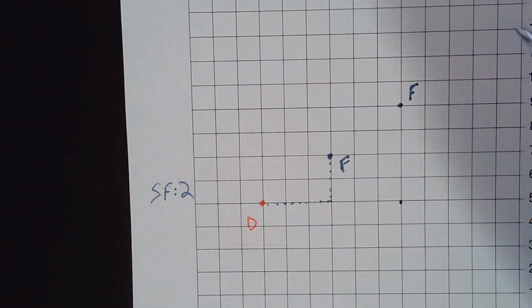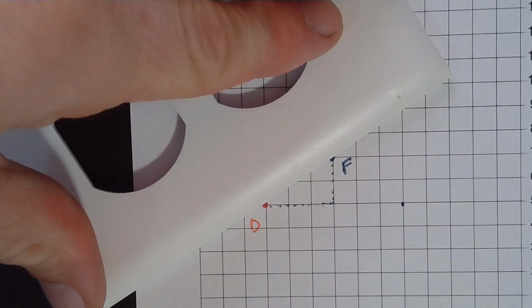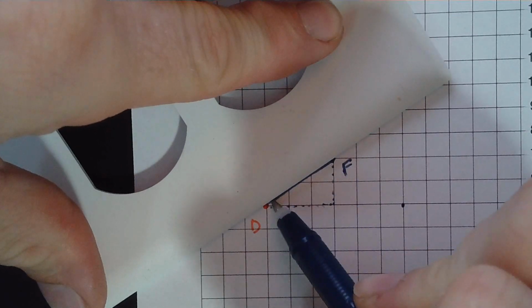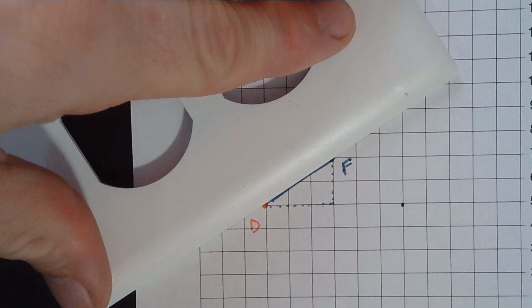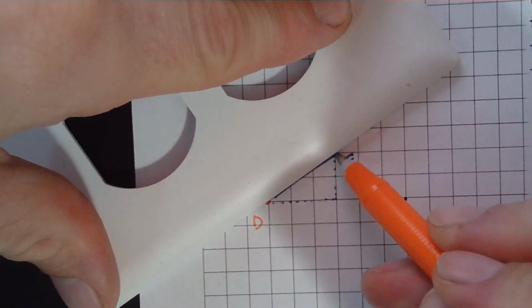is now 4. So my initial length from D to F was this long, and my final length from D to F prime after the dilation is now this long.